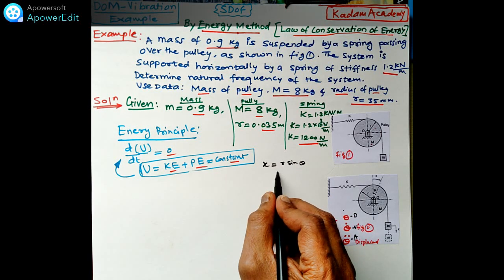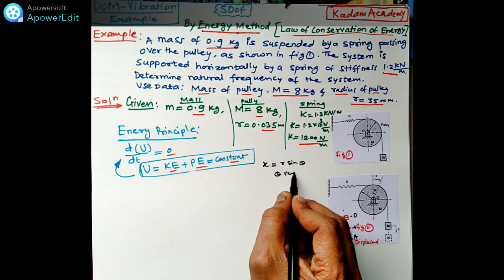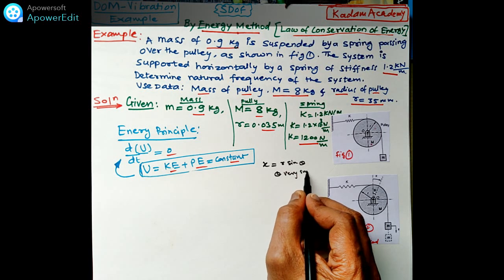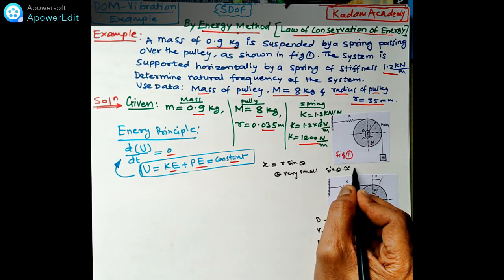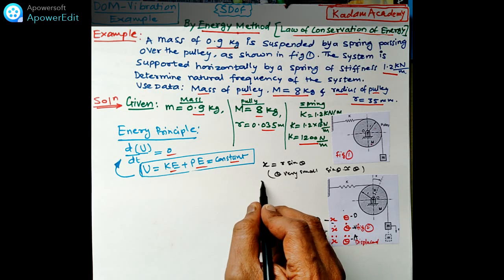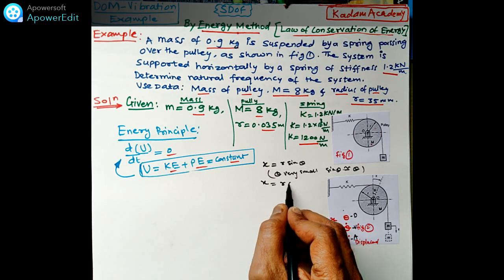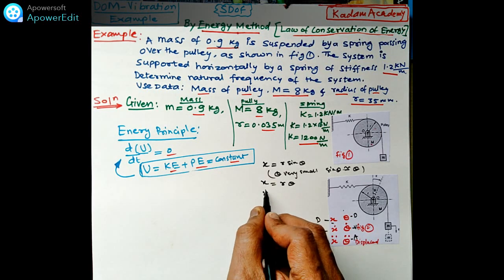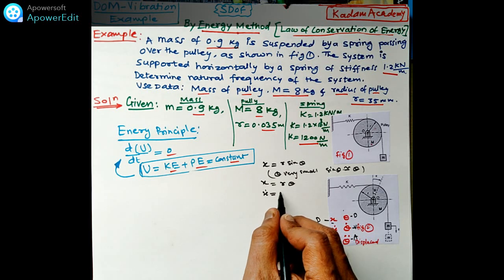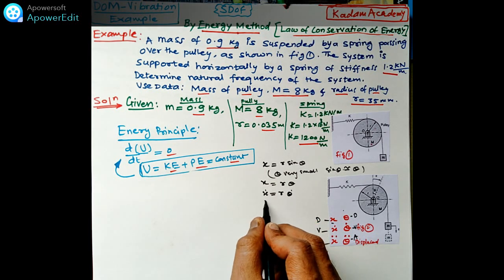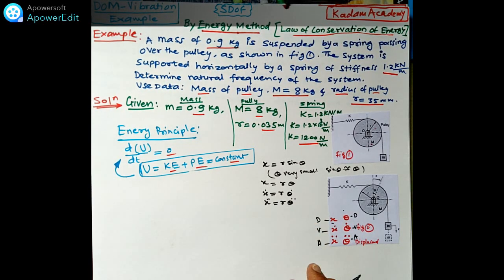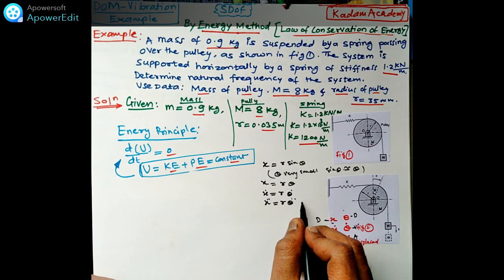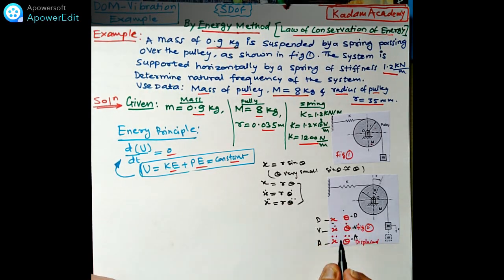As theta is very small, we can write sin theta approximately equal to theta. So x becomes r theta. Differentiating, x dot, the velocity, becomes r theta dot, or x double dot becomes r theta double dot. Whenever it is required, I will utilize this formula.